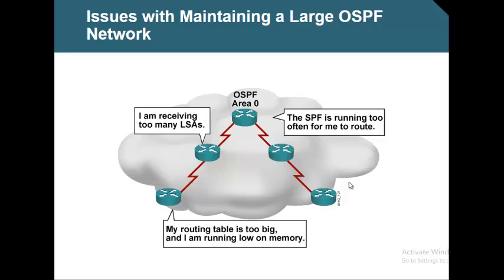As a result, I'm receiving a lot of advertisements, so the router is too busy running OSPF because new LSAs come very often. The reason is that it is not properly grouped. It is one big group. One big group, more problems, because every now and then there will be some change in every corner.